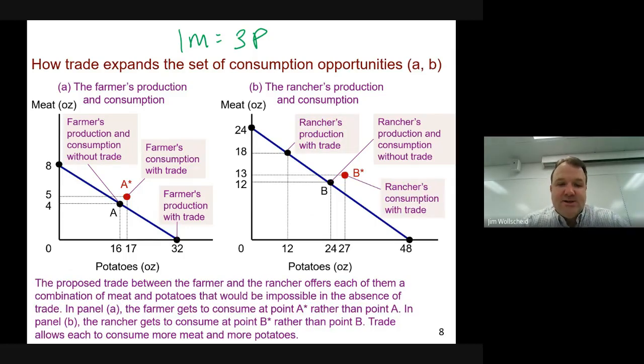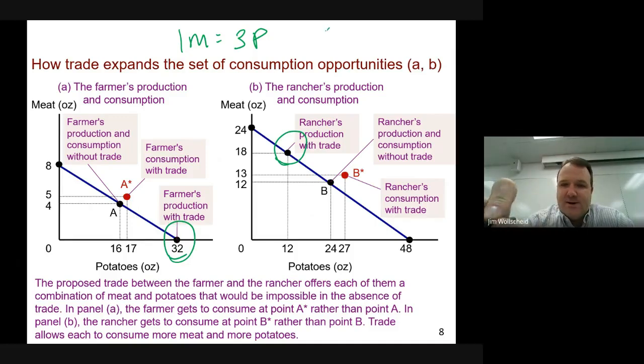So what I did here is I went through and created a situation. I picked a situation where the farmer does nothing but produce potatoes, and the rancher produces a combination, just because that's what I decided. With this combination, how do we get to this new point, point A?